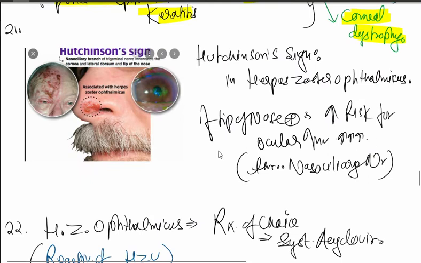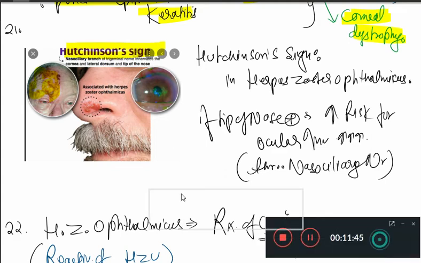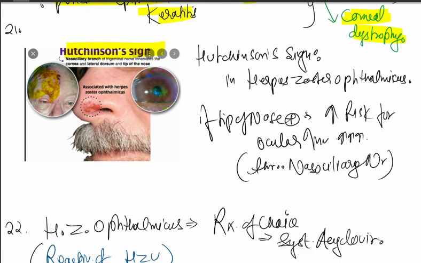Next one. This is Hutchinson sign. So what is Hutchinson rule? If herpes zoster has erupted on the face like this, meaning reactivation, then what will happen? Reactivation of varicella zoster virus is causing herpes zoster ophthalmicus.